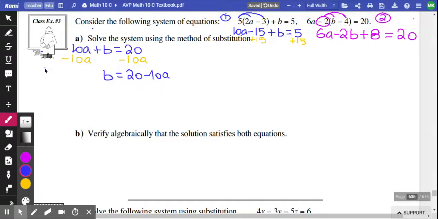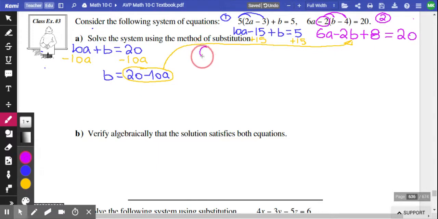Fantastic. First step, get one of the letters by itself. Done. Second step, take that and substitute it into the other equation. So I'm going to take this from equation 1, and substitute it into equation 2 for b. If this b equals 20 minus 10a, then the purple b should also equal 20 minus 10a. That's called substituting.